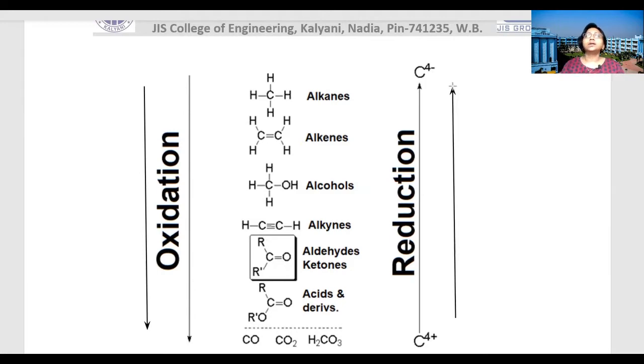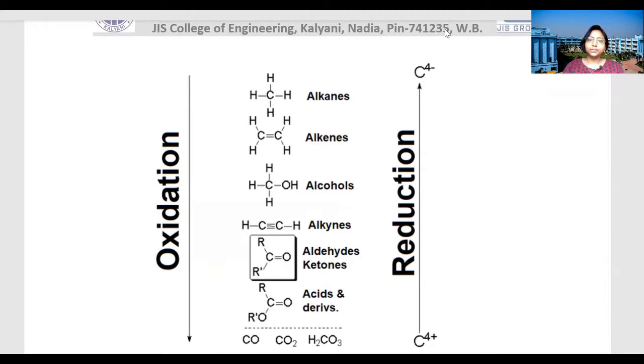That means alkane to alcohol to aldehyde or ketones, these are oxidation. If I say ketone to alkane or ketone to alcohol, that is the part of reduction, that is just the reverse.